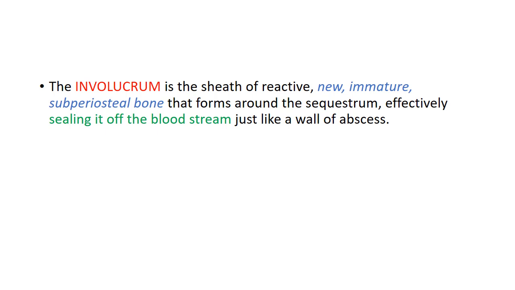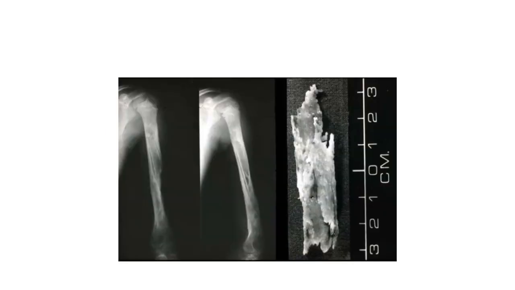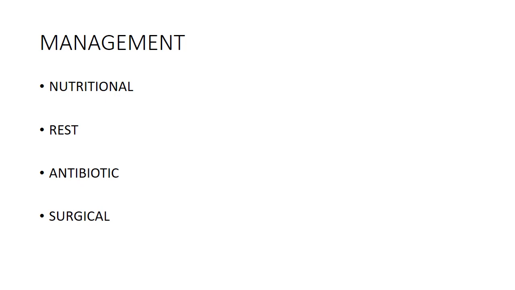The involucrum is a sheath of reactive new immature subperiosteal bone that forms around the sequestrum, effectively sealing it off from the bloodstream just like a wall of abscess. The management is to improve nutrition, take rest, take antibiotics, and surgical debridement of sequestrum.